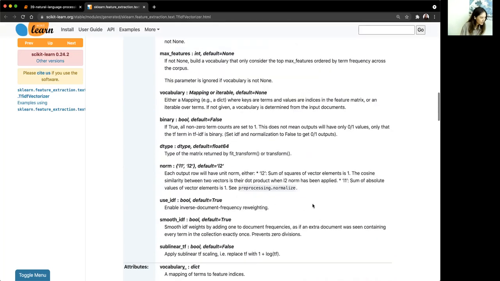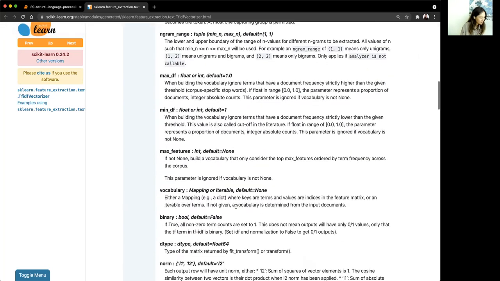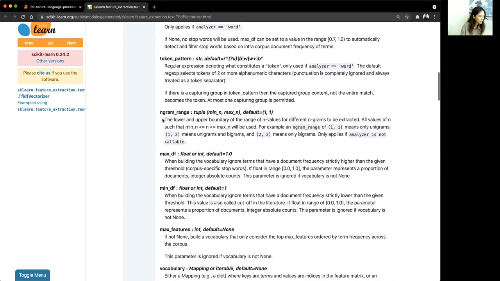Another one is, where is n-grams? N-grams, oh here, n-gram range. So earlier I talked about the possibility of using bigrams and trigrams. If you want to consider pairs of words or trios of words, you can actually set a range. So 1-1 just means that you're looking at unigrams, so singular words.